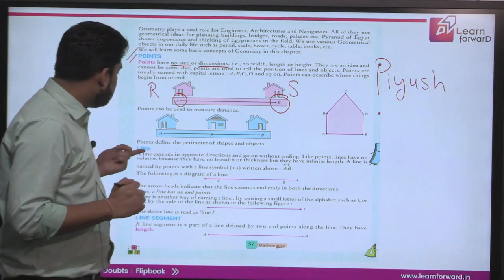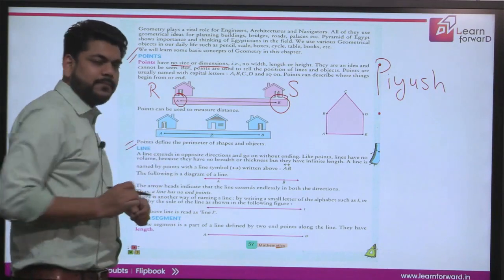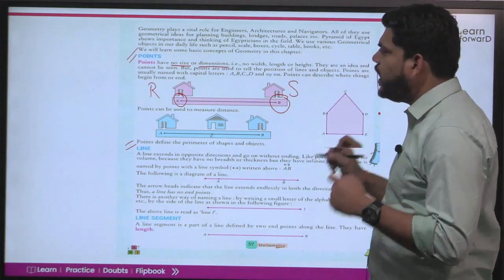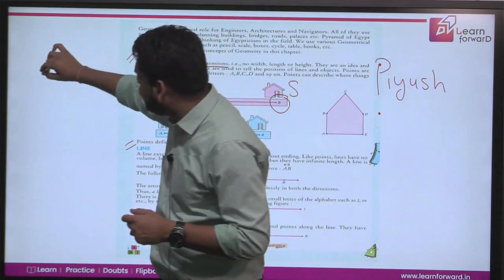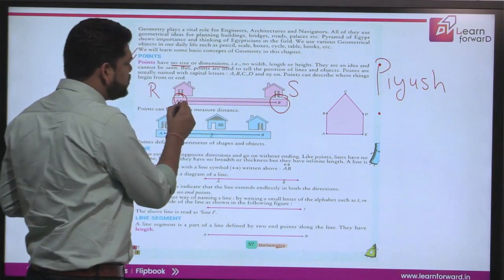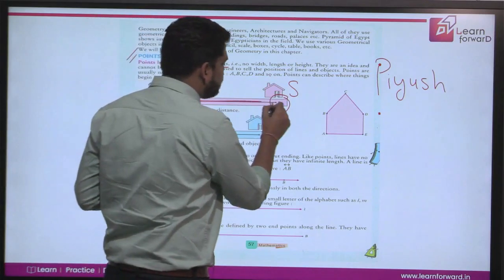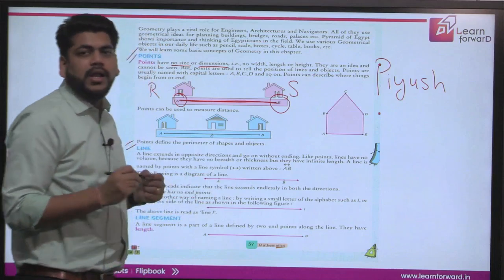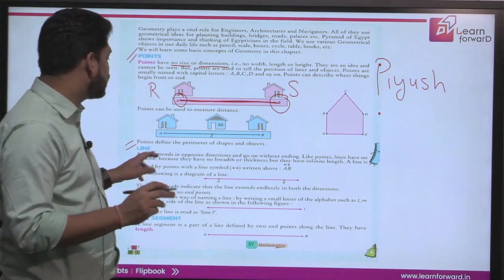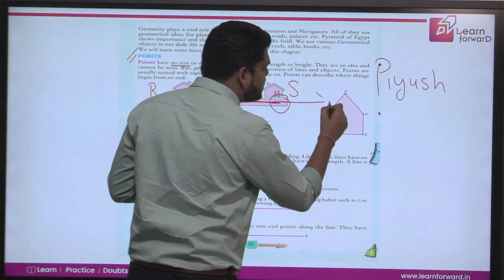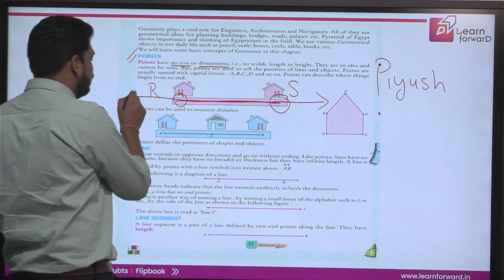Now the second concept is line. Whenever we join any 2 points, let's suppose you are here. If Rajat wants to go to the house of Suraj, he will follow this path. This straight line is called a line. Why line? Because it can be extended in both directions.